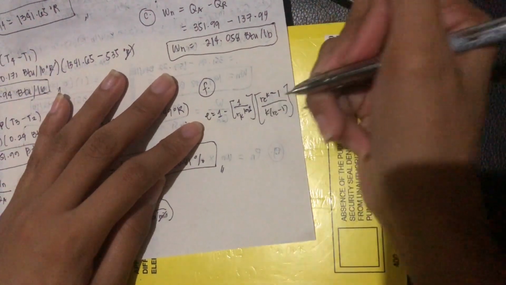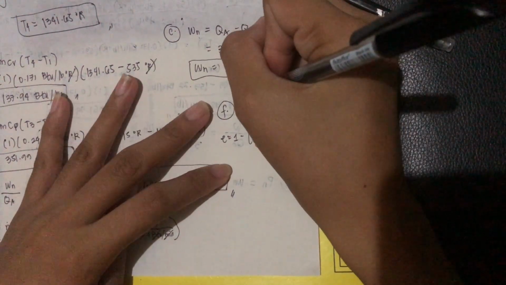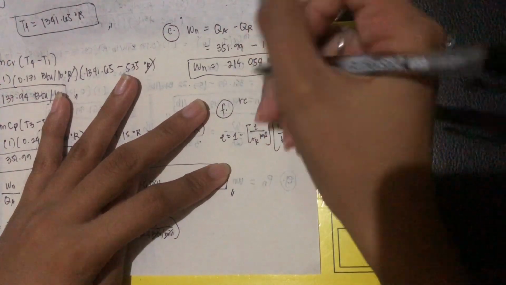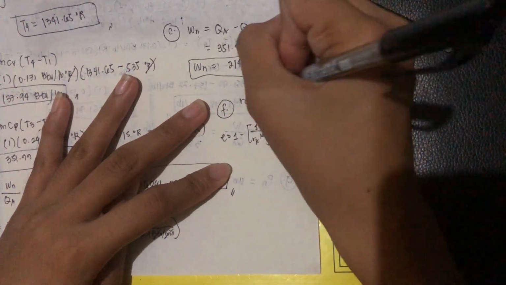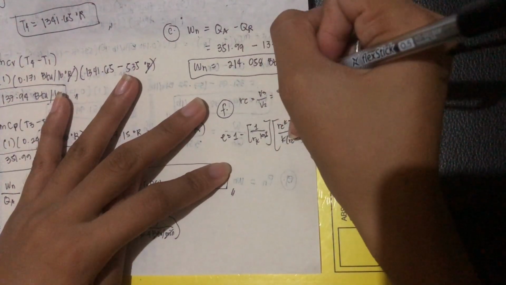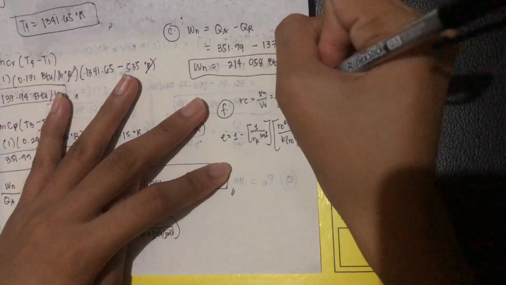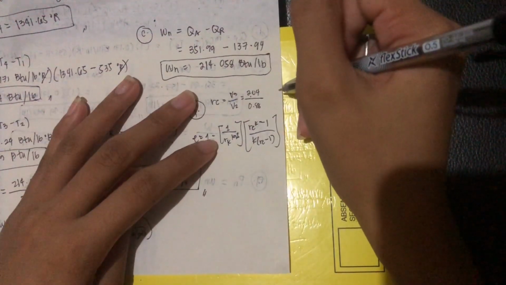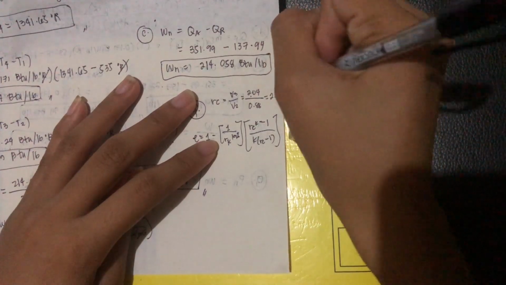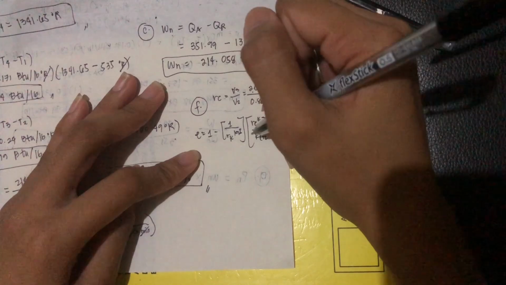Before that, we need r_c, so let's get r_c first. The cut-off ratio r_c is equal to V3 over V2. V3 is 2.04 over our V2 of 0.88, which is equivalent to 2.31. Our r_k is 15.